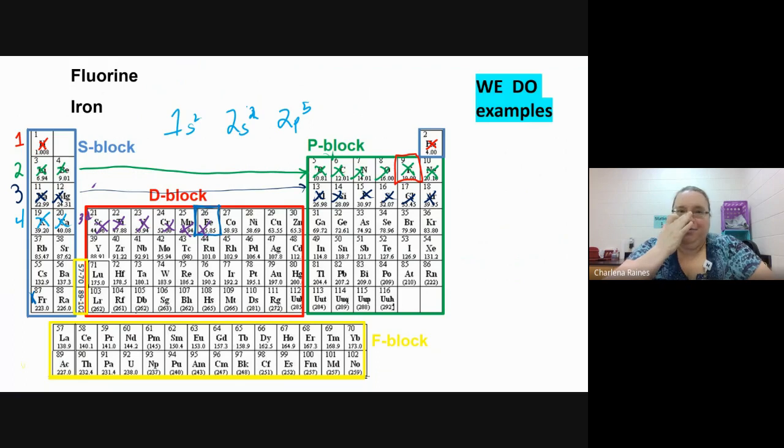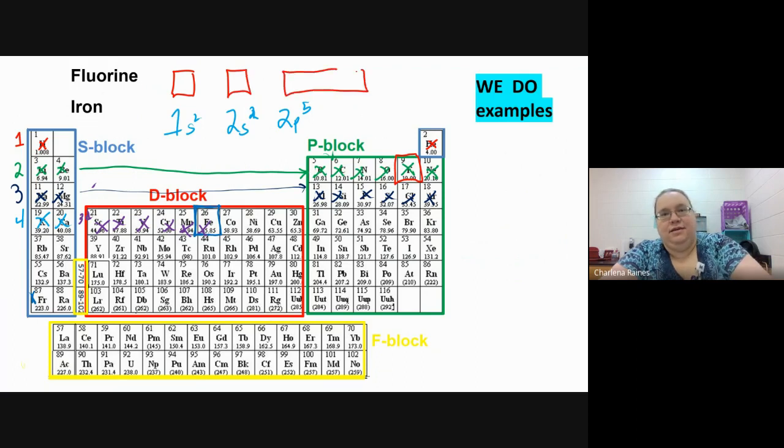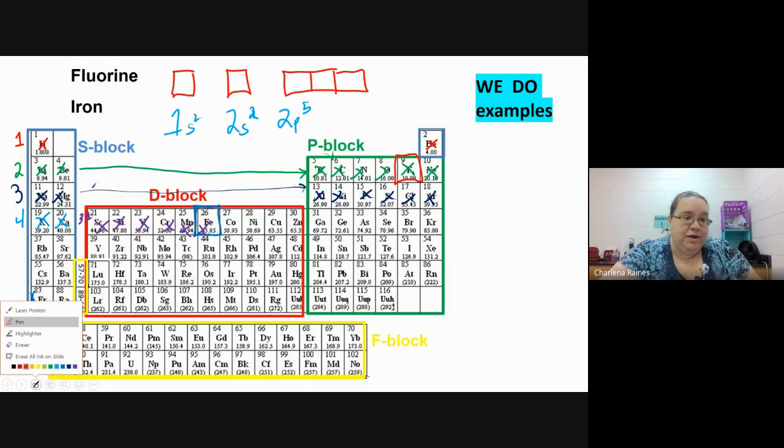So arrow diagram, if you write the extended configuration, anytime you write an S, it would get one box. Anytime you write a P, it would get 3 boxes. D would get a 5. Once you've got your boxes, then you just need to fill in your arrows.